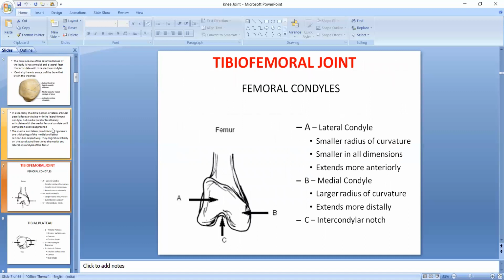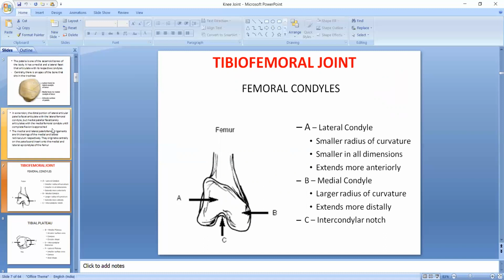Next, the tibiofemoral joint. The femoral condyles are the lateral condyle, the medial condyle, and the intercondylar notch. The lateral condyle has a smaller radius of curvature, is smaller in all dimensions, and extends more anteriorly, whereas the medial condyle has a larger radius of curvature and extends more distally.